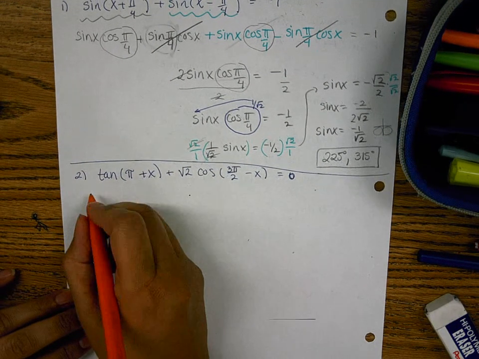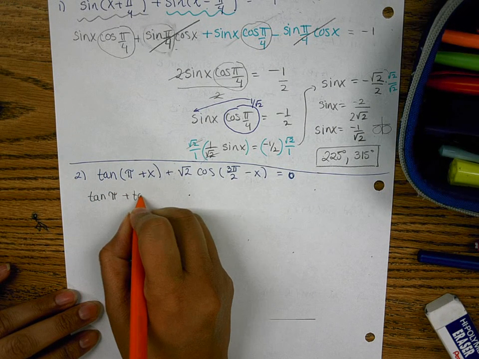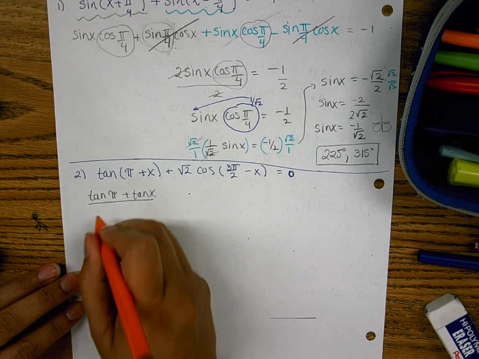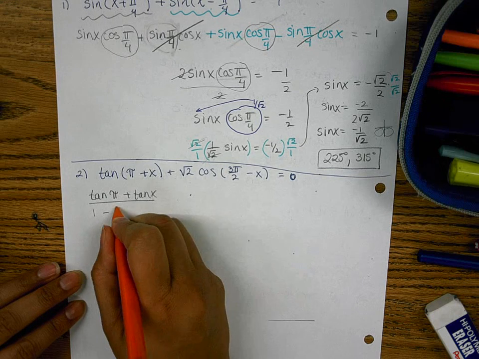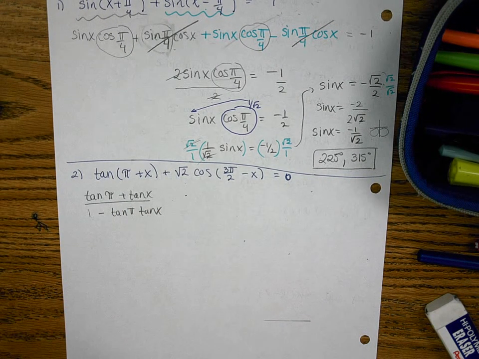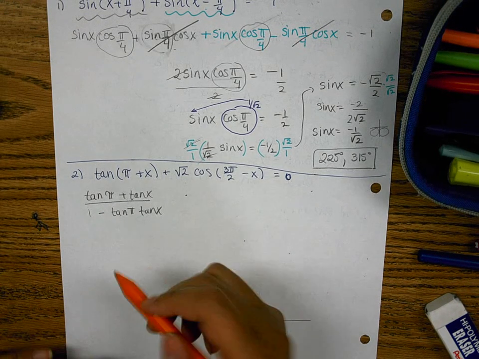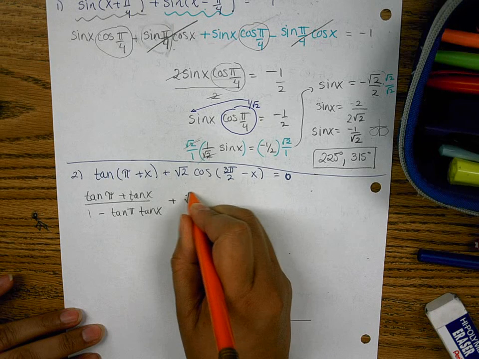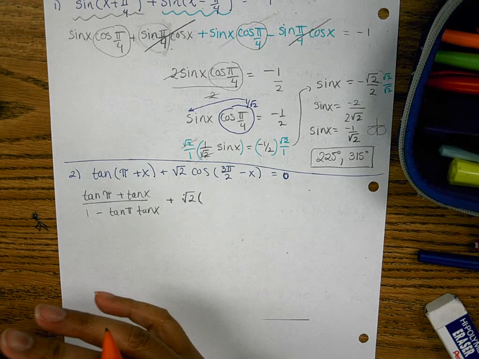Tangent is a fraction. Tangent of pi plus tangent of x all over 1. It's plus, so now it's minus the product of tan of pi and tangent of x. You can have your notes out from yesterday or last class session and know how to expand that. Plus root 2 times, and I'm going to put parentheses because I will have to distribute the root 2.